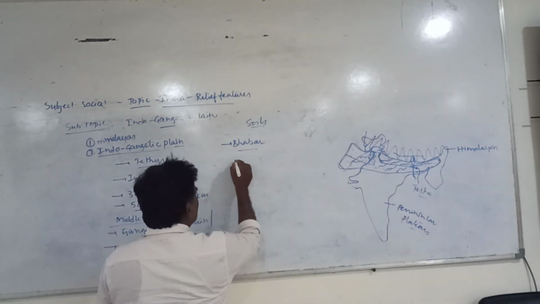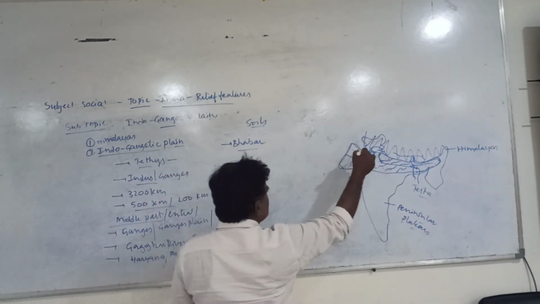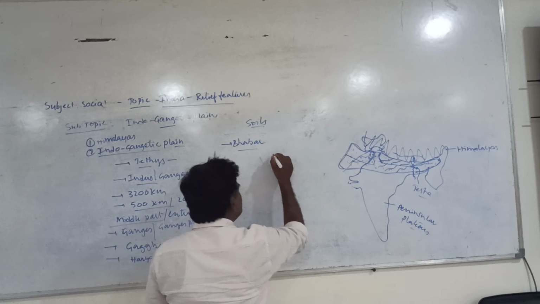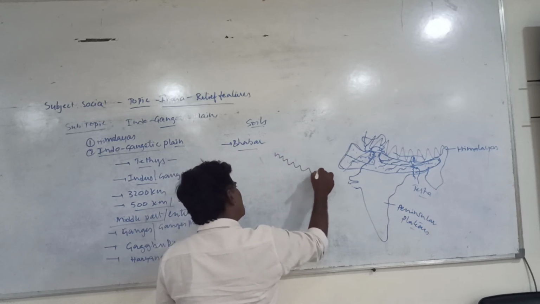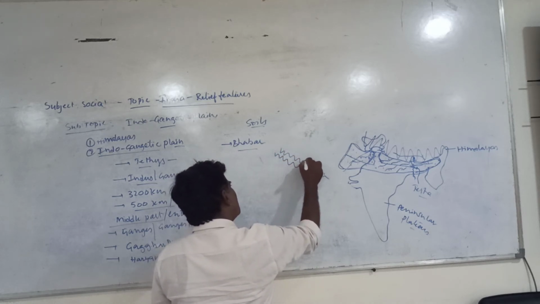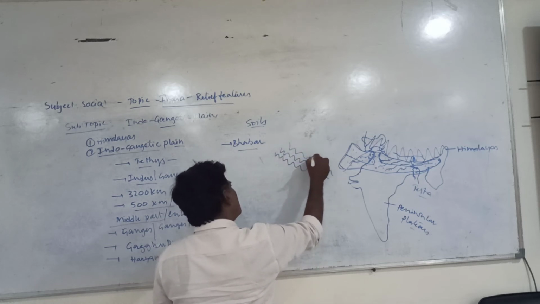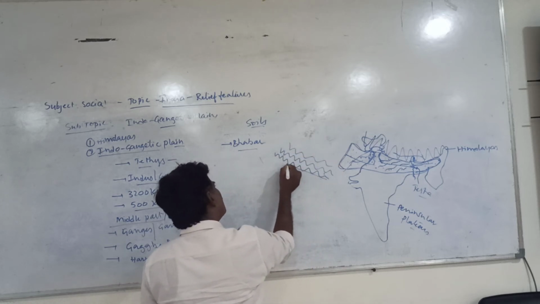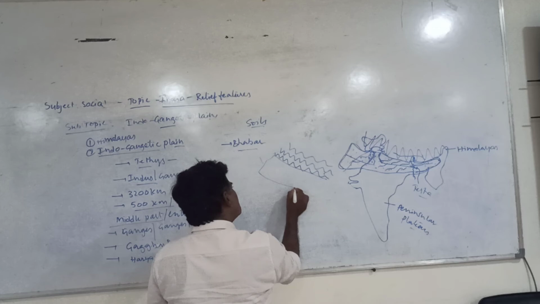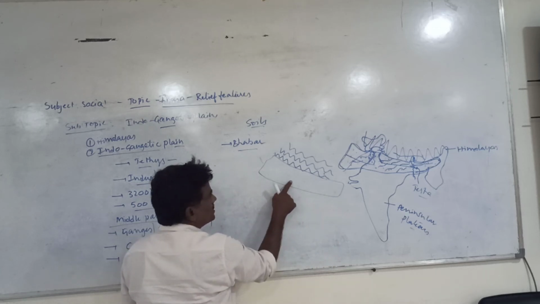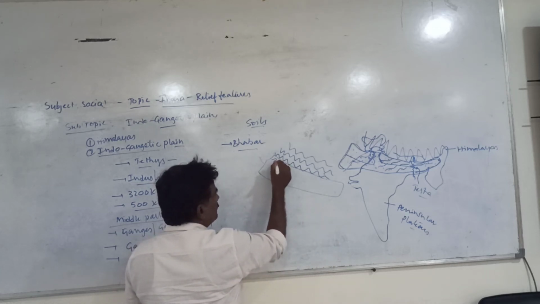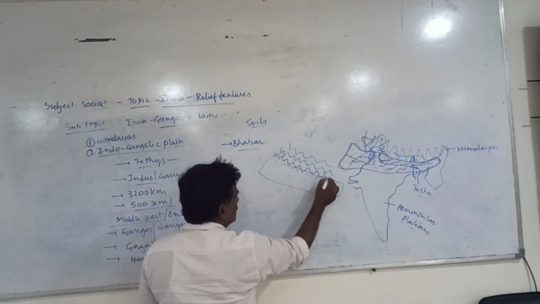First one, Bhabar, to the south of Sivaliks. This is Sivaliks. Sivalik mountains are like this, right? Above that Himachal mountains are there. Above that Himadri. And close to the foothills of Sivalik, these plains are located. Look at it. This is about the plains, right? And near the foothills of Himalayas, from this is the belt.